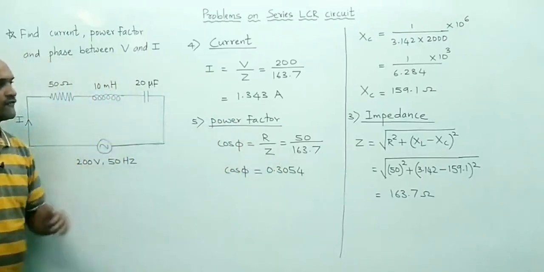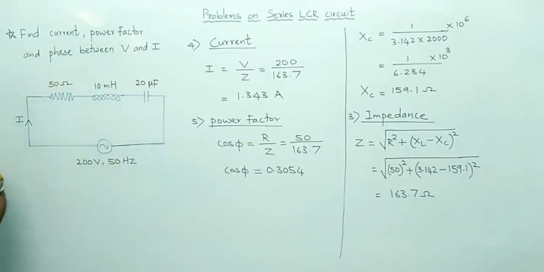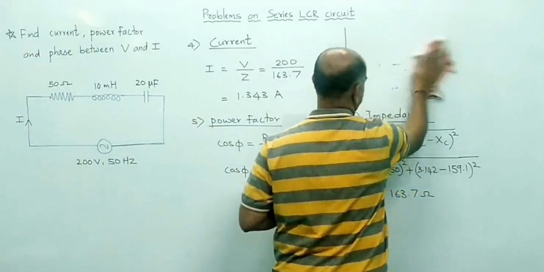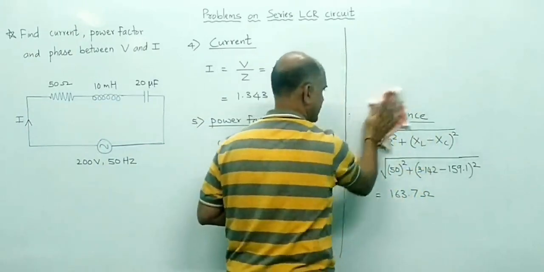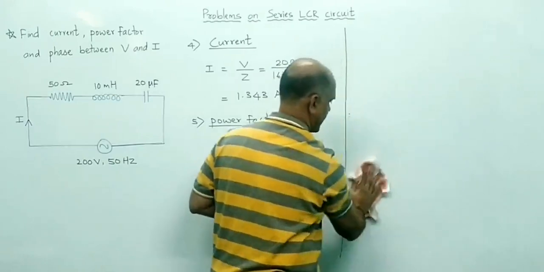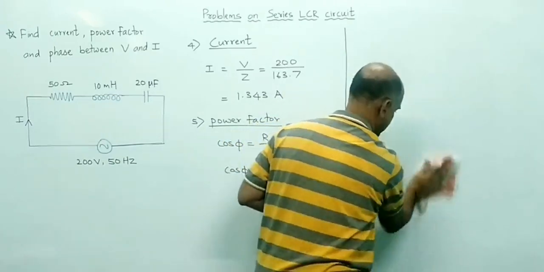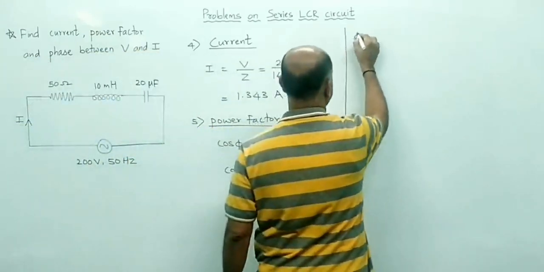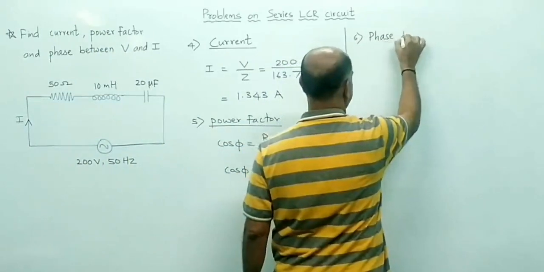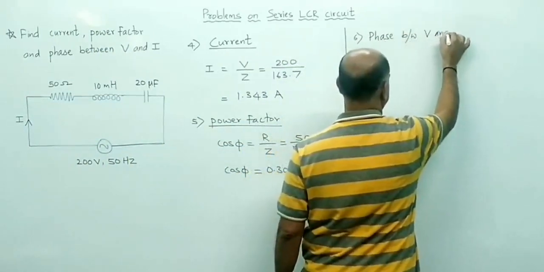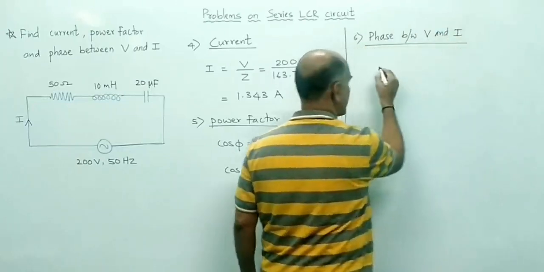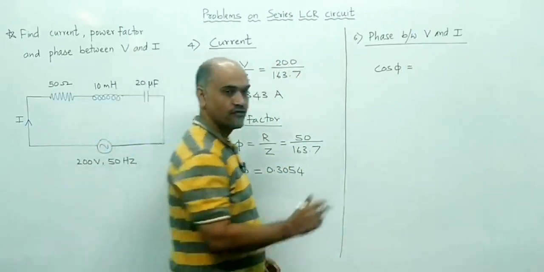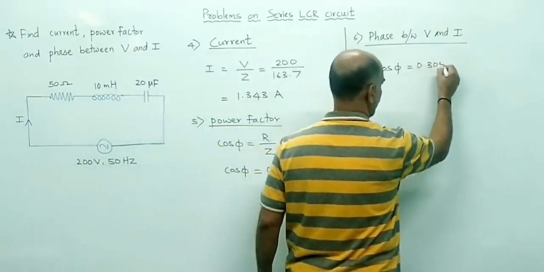Then finally, phase between voltage and current. So in the last step we will have angle phi. To find angle phi, you are required to use a calculator or log table. So the sixth, phase between V and I. We have got cos phi as 0.3054.